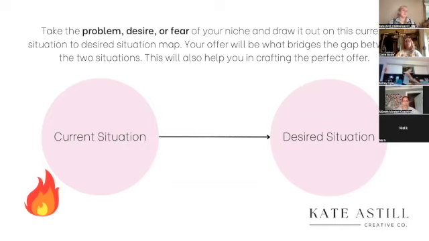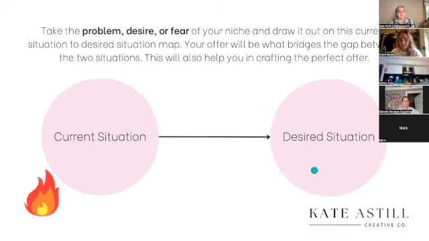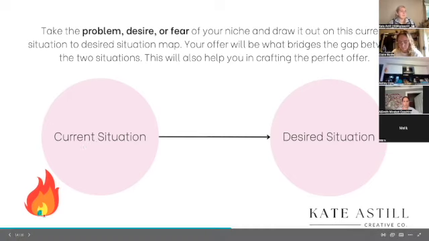So in looking at your niche, we can start to think about, what is this fire or what is this catalyst? What is it going to be that's going to let your client know they need to move from here to here? And this is something that can convert a lot of cold and warm leads to a hot lead that purchases product and service.